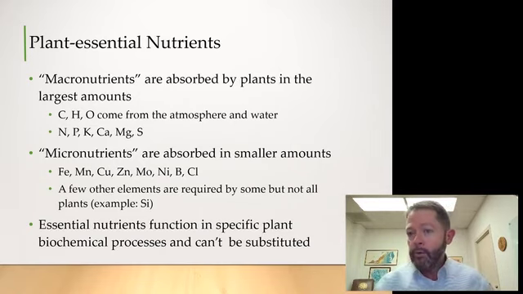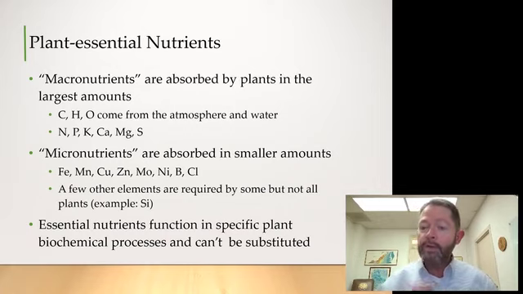And then there are micronutrients, and most of these are metal elements: iron, manganese, copper, etc. Now, these are not called macro and micronutrients because macronutrients are more important. This is simply a function of how much plants take up. So plants take up higher quantities of the macronutrients, smaller quantities of the micronutrients. Essential nutrients function in specific plant biochemical processes and can't be substituted for by other elements.